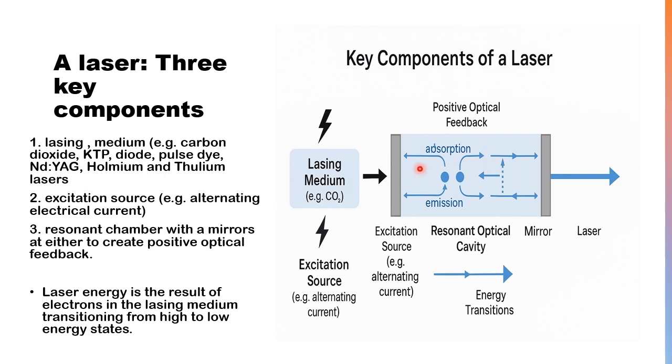And these photons will reverberate between the 2 mirrors at the ends, and each time they reverberate, they release more photons from other atoms until most of the medium is in the excited state, and this will produce enough photons. Some of them would pass through one of the mirrors in the form of laser energy.